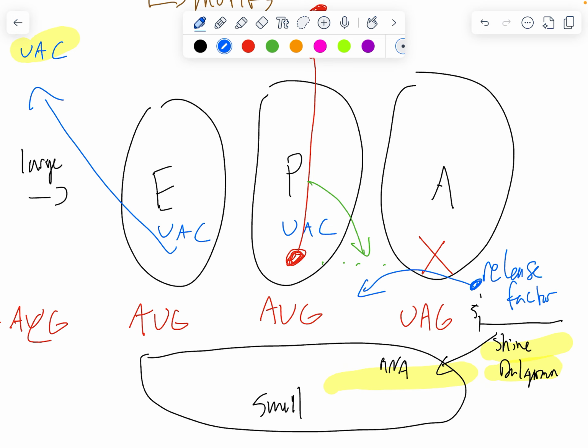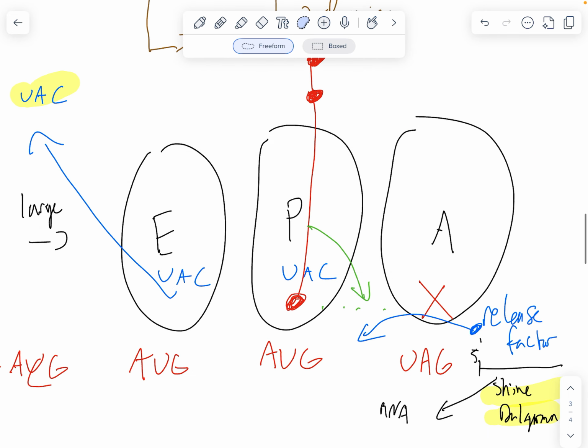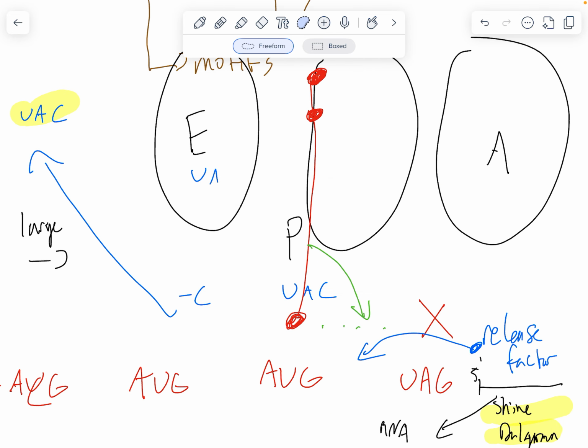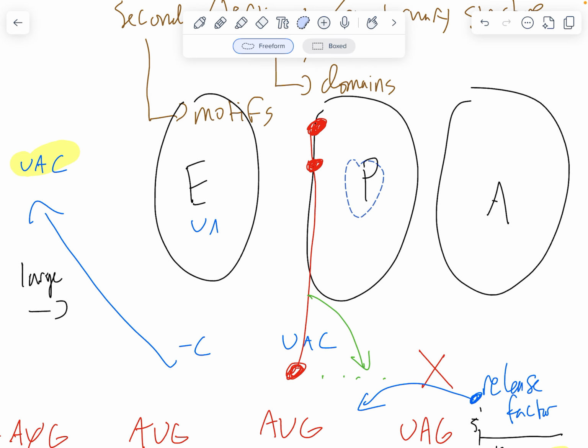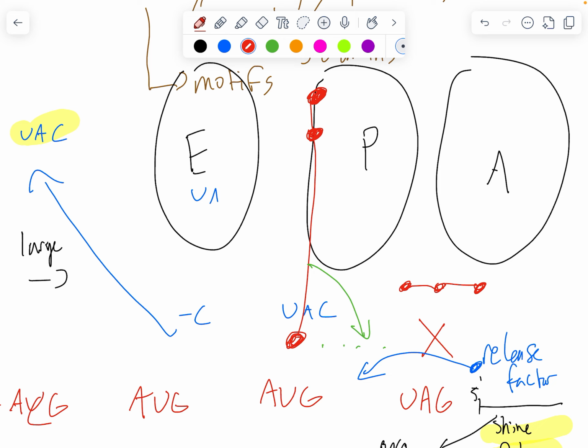So it pulls away the small subunit and it pulls away the large subunit. And that causes my polypeptide to leave the ribosome. So my polypeptide only has 3 amino acids. So I'm just going to redraw those here. So that is my nascent polypeptide.